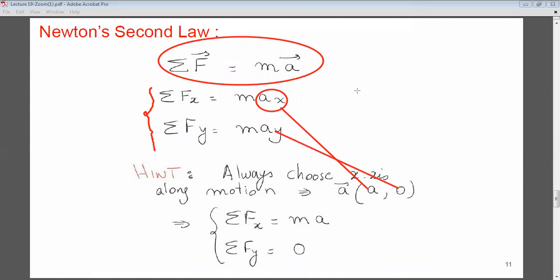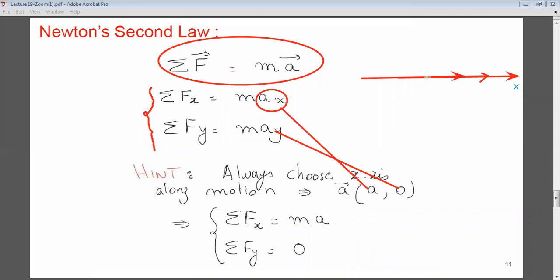So if the object is moving in this way, choose the x-axis along this way. Then, if now I draw the acceleration, it's along this way as well, which means it only has an x component.